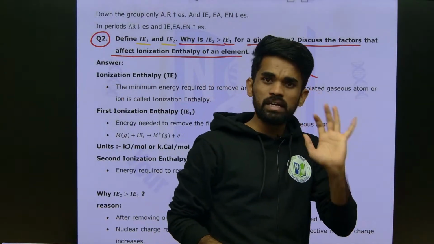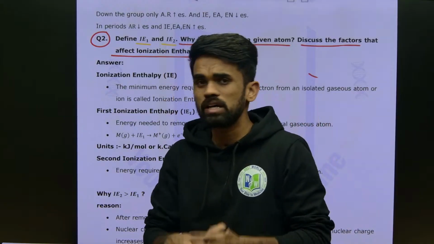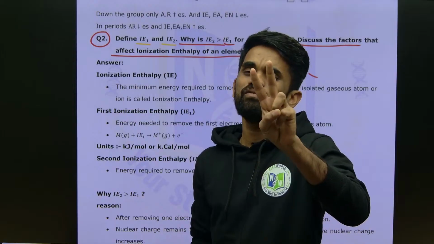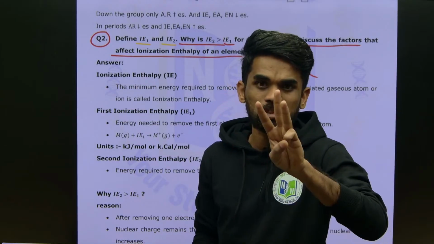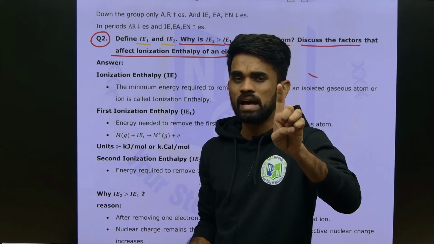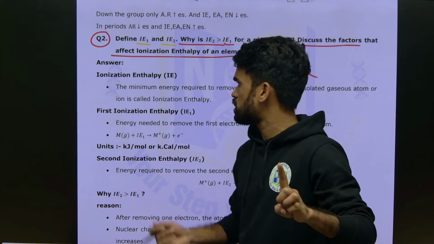For the past 10 years you can see that questions from the periodic table are only 2, or in very few cases there will be a third question. The first question is periodic properties and how they vary in groups and periods, which we discussed.